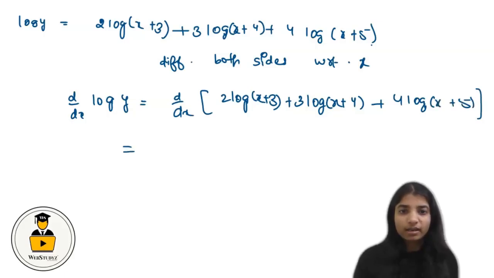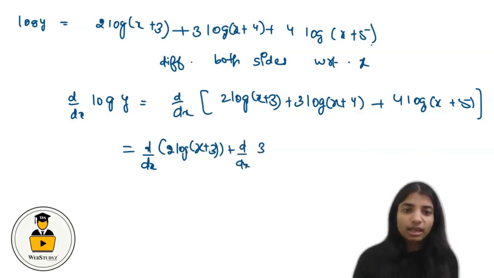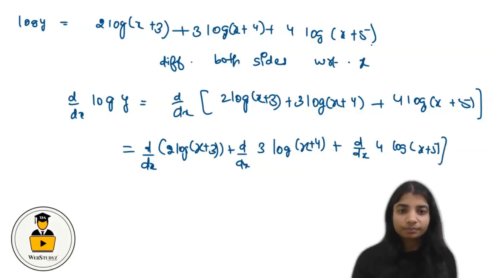So we can separate the differentiations: d/dx of 2 log of (x+3) plus d/dx of 3 log of (x+4) plus d/dx of 4 log of (x+5).